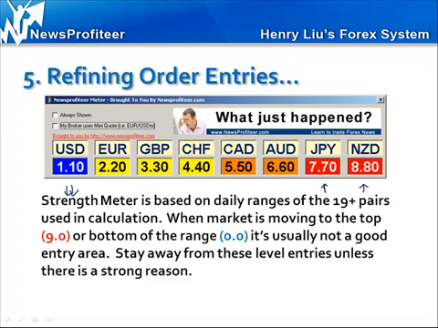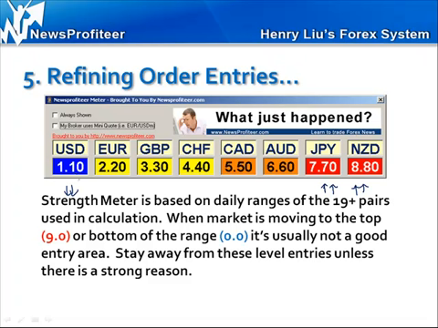All right, and of course, when you are looking at these numbers, you're not really looking at just one pair. You're looking at a combination of many pairs. In order for the number to show a red number, it means that all of the Japanese yen pairs are roughly around the top of the range. And when you're looking at a blue, that is telling you that all of the dollar pairs are at the bottom of the range.